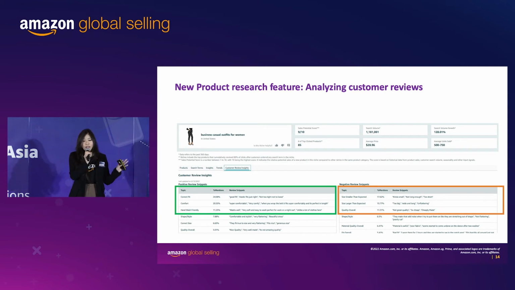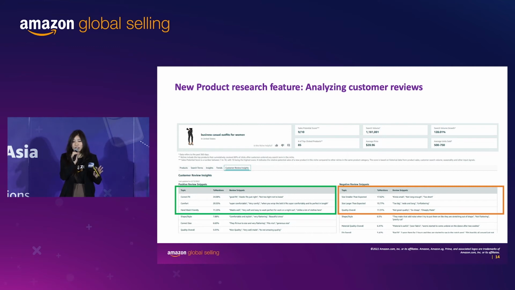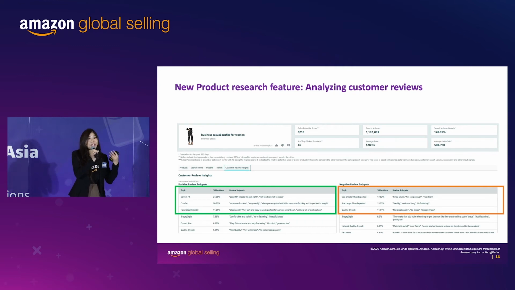We help you quantify how frequently these topics come up via percentage of mentions, and provide example snippets to illustrate the topics. You can see in this example that for business casual outfits for women, correct fit, comfort and hand wash friendly are top positives for incumbents, while sizing and quality of fabrics contribute the most to negative reviews. So this is something you need to take note of, let's say if you wish to innovate and create a new product to offer to your customers.